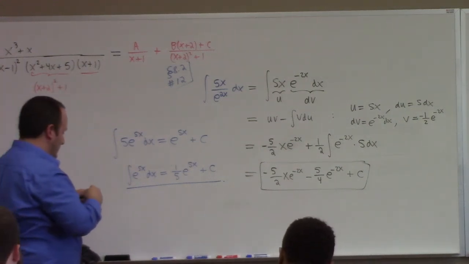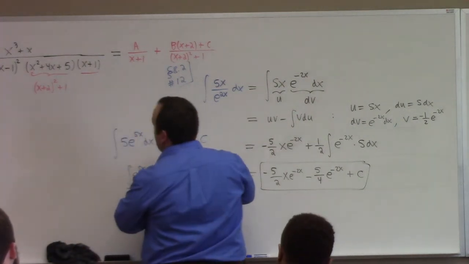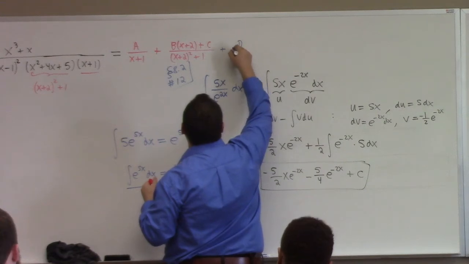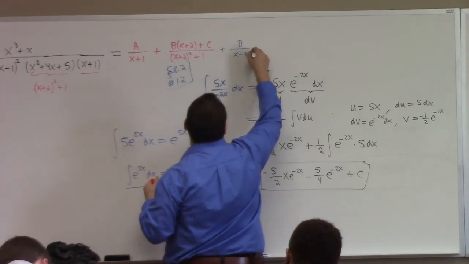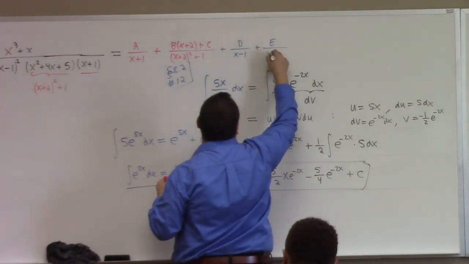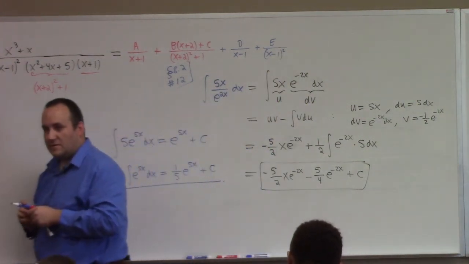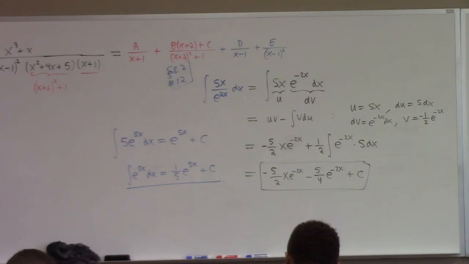And then, last but not least, d over x minus 1 plus e over x minus 1 squared. That would be the partial fractions decomposition for this. And then, of course, you have to work out a, b, c, d, e for an actual problem.